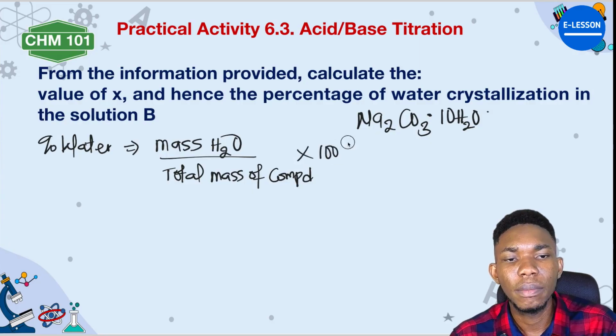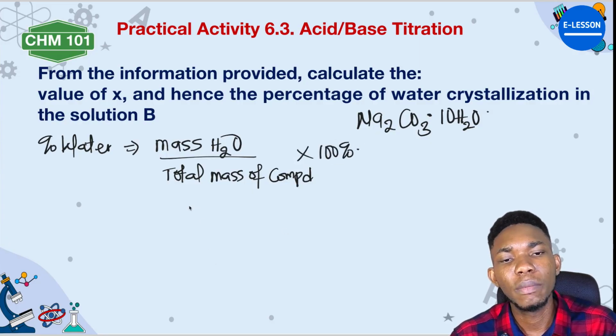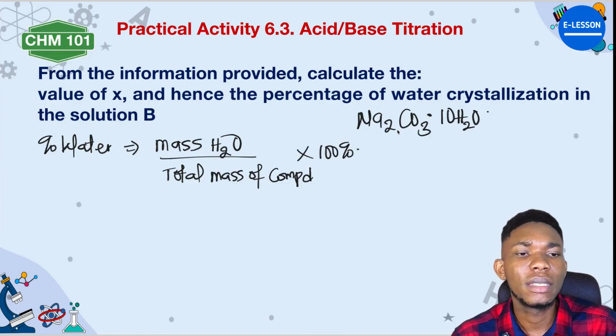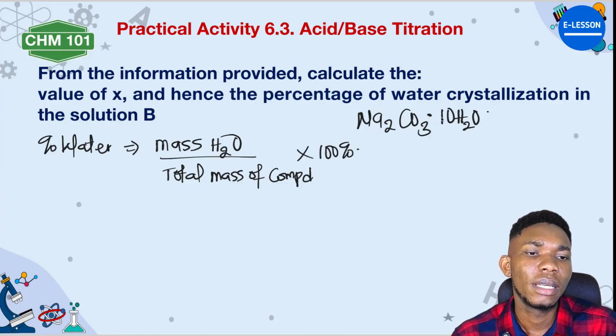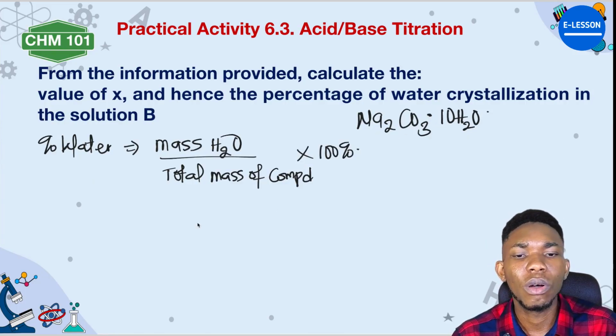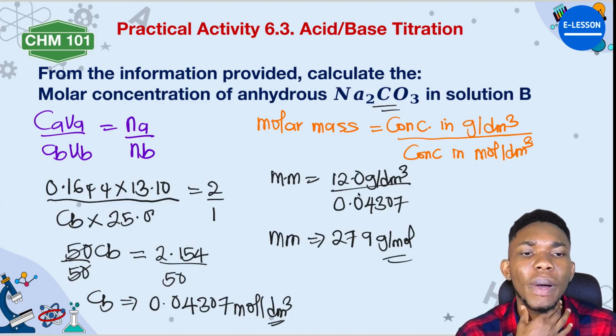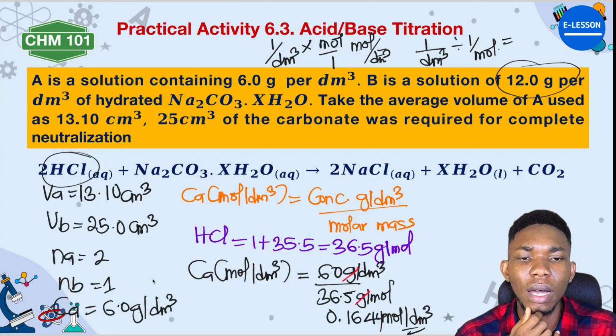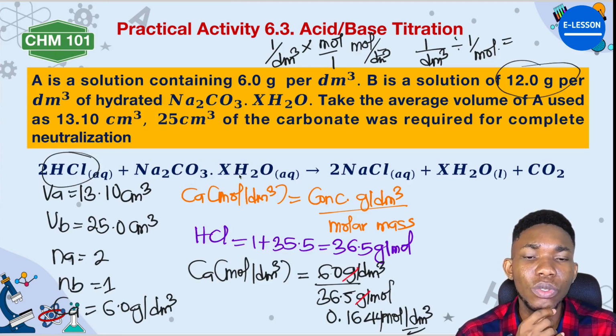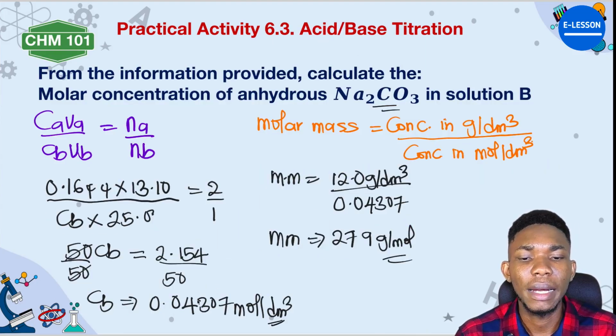Times 100%. So the mass of water: you look at this here, we have 10 molecules of water. So we say 10 times H2O will be equal to the total mass of the compound they gave to you, the hydrated sodium carbonate. The total mass we calculated earlier was 279 gram.